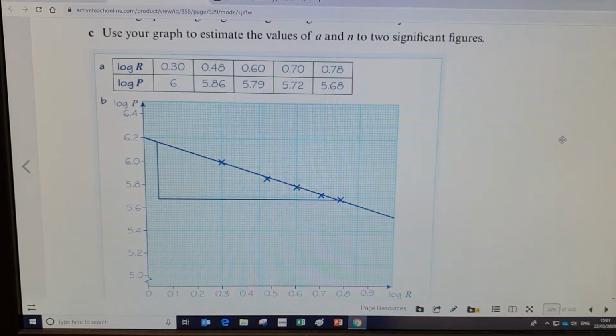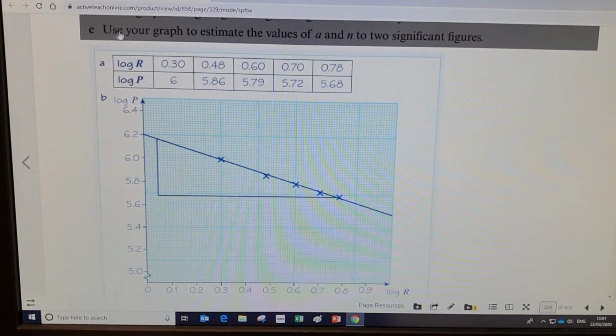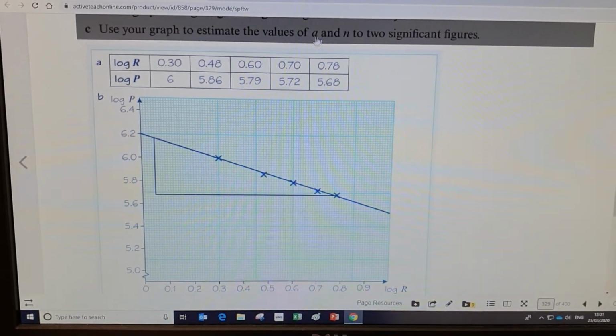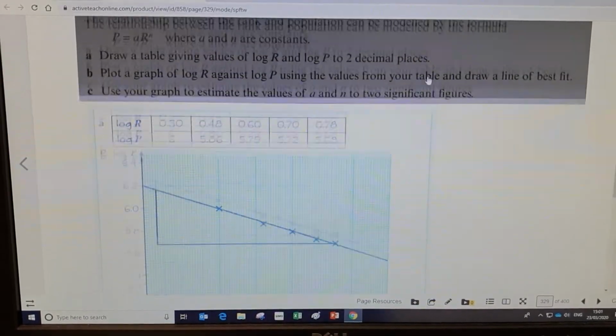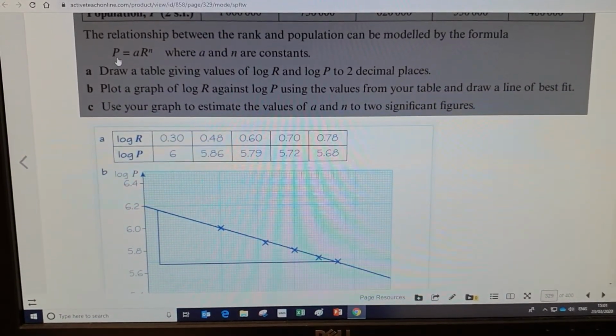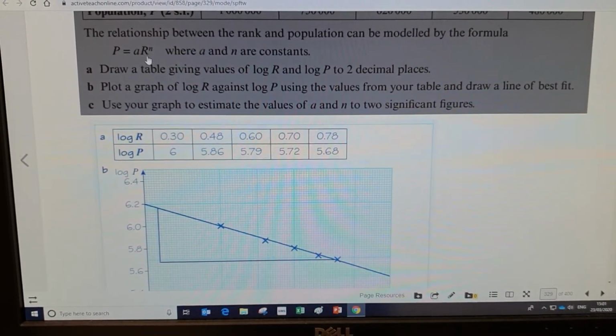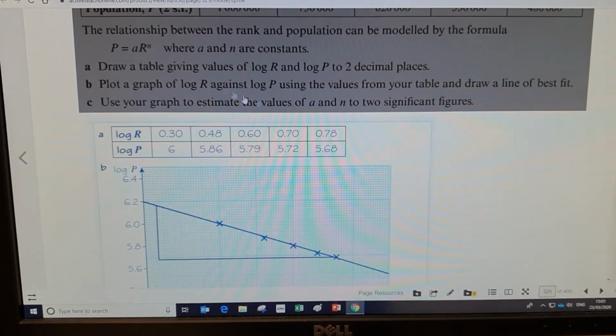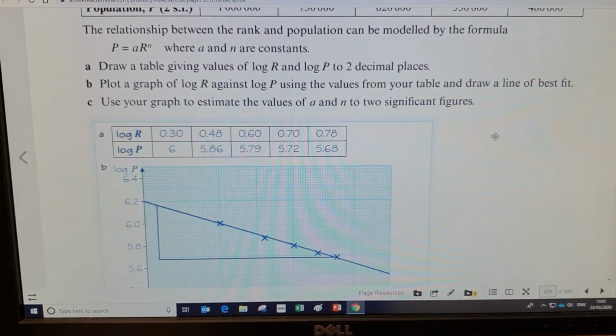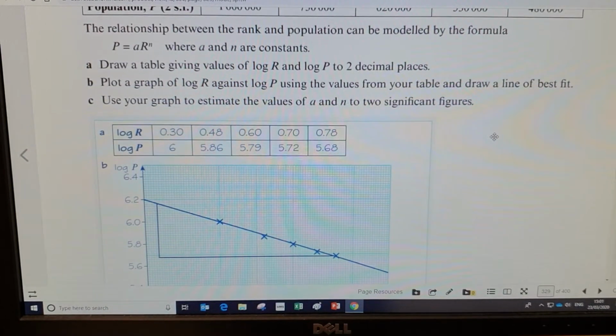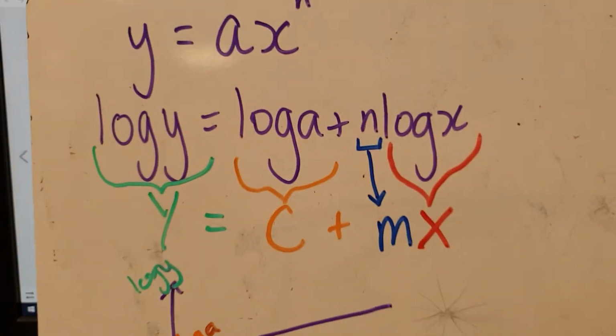The trickiest bit is this part C. Use your graph to estimate the values of A and N. So there from our original equation, P equals A times R to the N. And we're going to do the same as we did in case 1, the general edition, which was here.